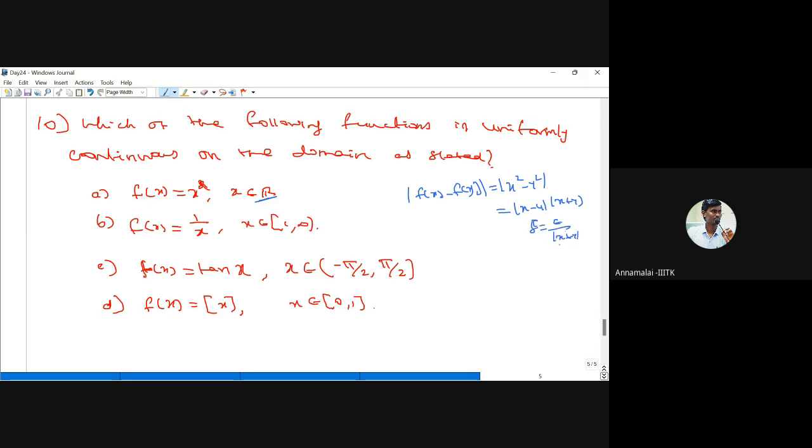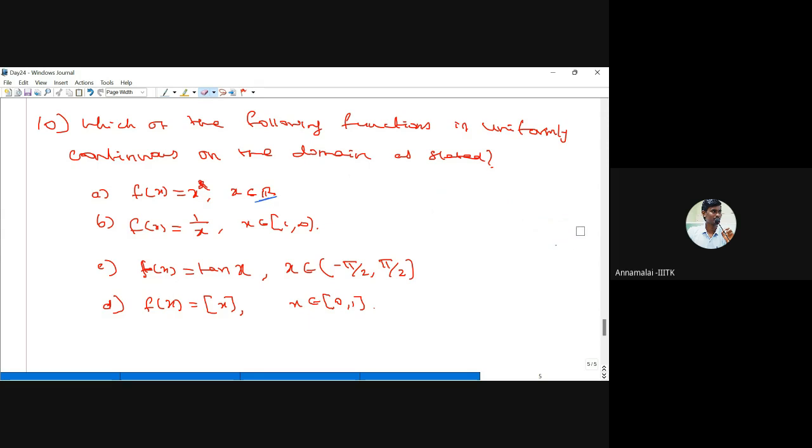Therefore, this delta depends on x and y, so it's continuous but not uniformly continuous. But if x varies in some bounded interval, then we can bound x plus y by some number, and then we can choose delta depending only on epsilon. Therefore, on the entire R this is not uniformly continuous.